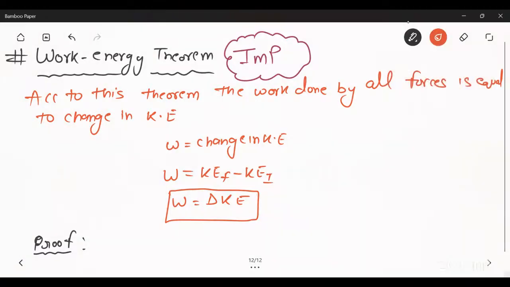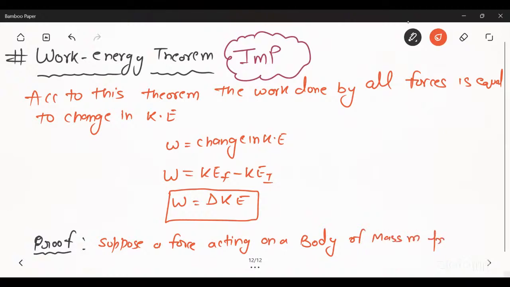Now suppose a force acting on a body of mass m produces an acceleration a in time t.